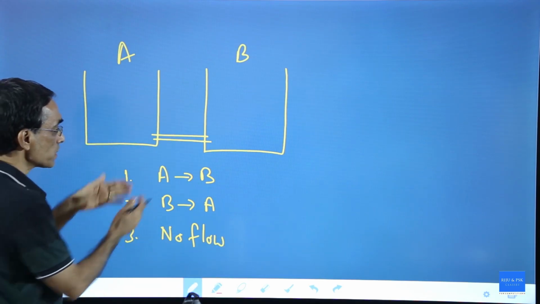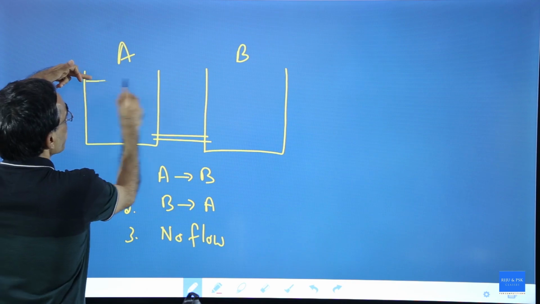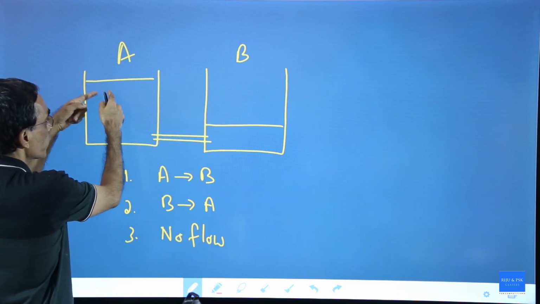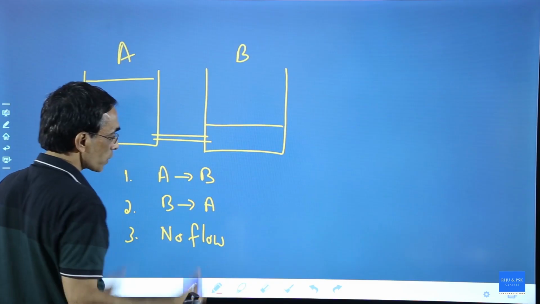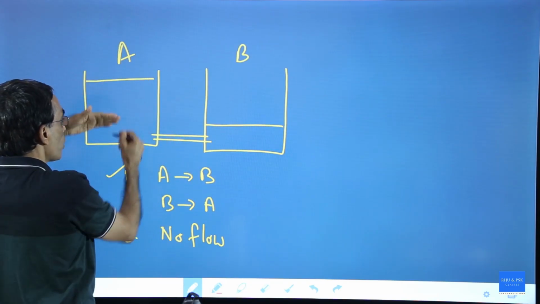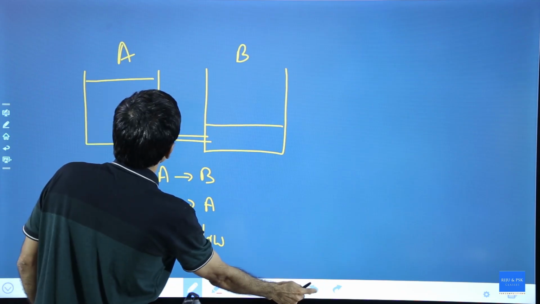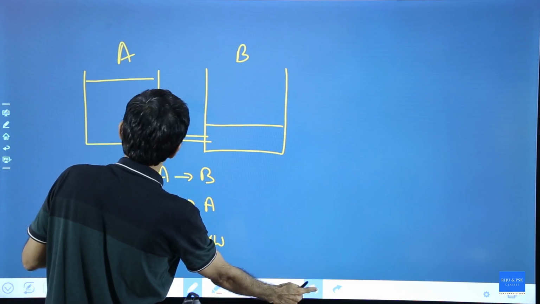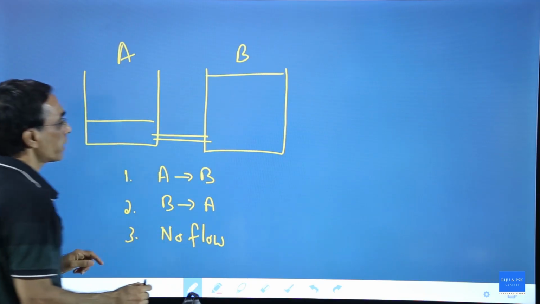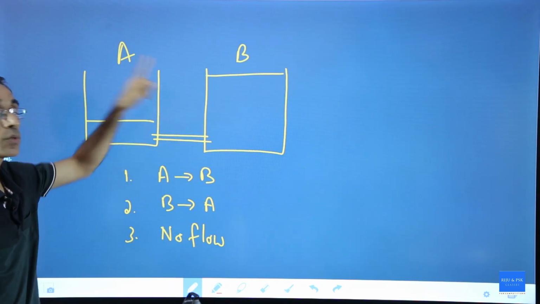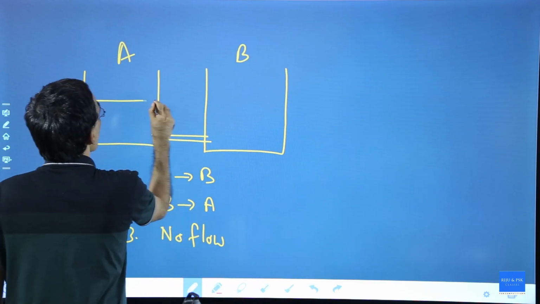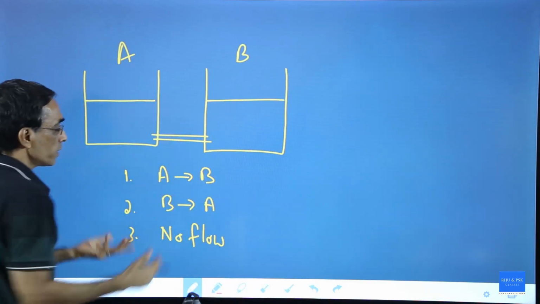These 3 possibilities are there. Why? Suppose this tank has a higher level of water and this has a lower level of water, then water will flow from A to B. Case number 1. Suppose this has a lower level and this has a higher level, then it will flow from B to A. Suppose they both have the same level, then there will be no flow.